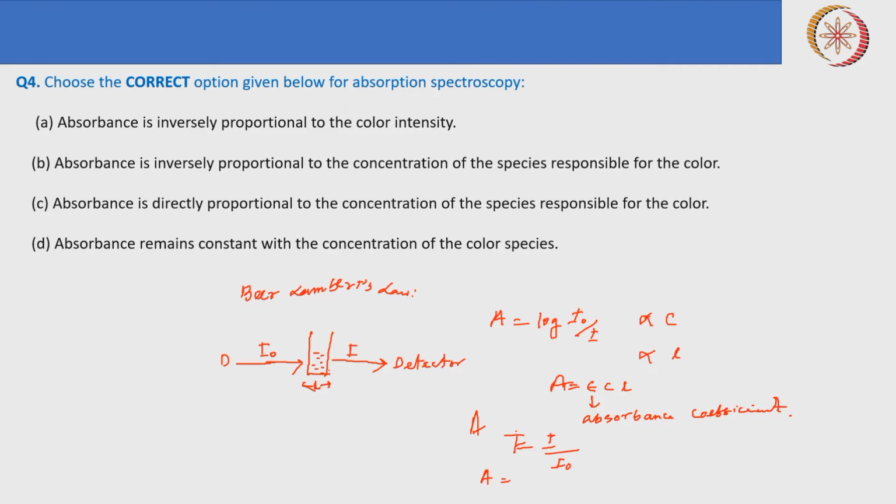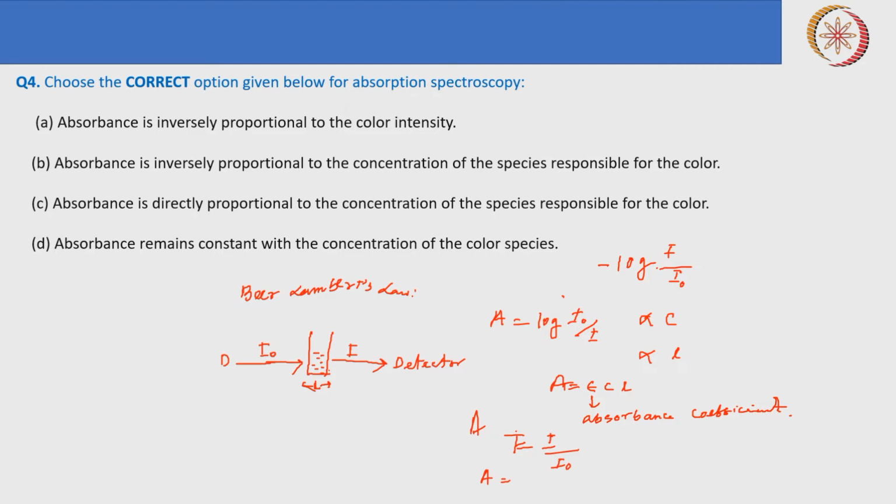So if you transform to absorbance, that will be minus log of I by I naught. You just check once, maybe you will get to know. I think absorbance is equal to log I naught by I.